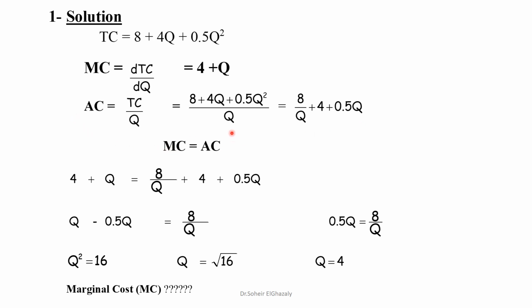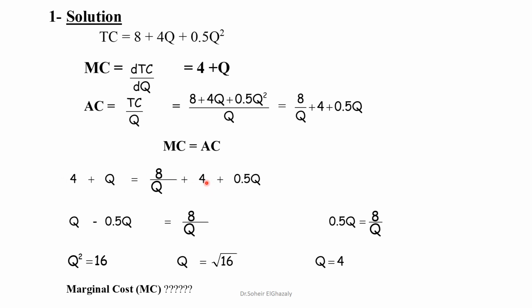I have a situation: they said in the problem that marginal cost equals average cost. So I'll take this equal to what, guys? This one. Wake up. So we're going to have this one equal this one. Let's write 4 plus Q equals 8 over Q plus 4 plus 0.5Q. To solve this, we keep Q here and put all of this next to it.